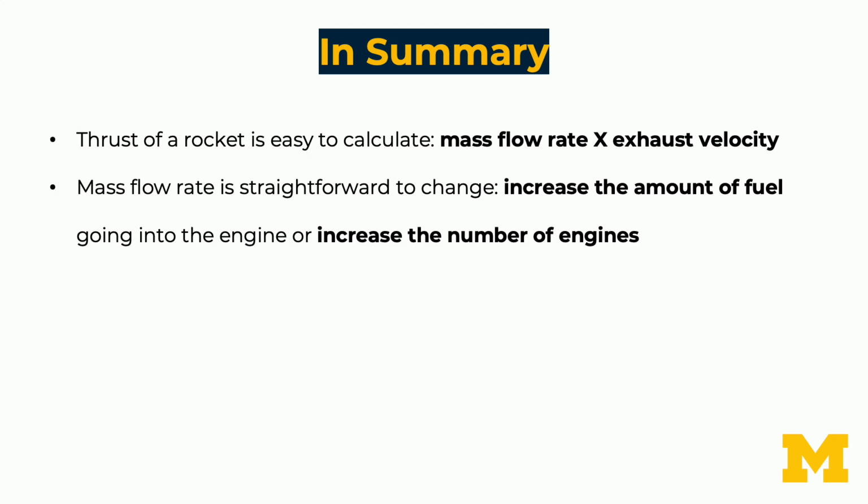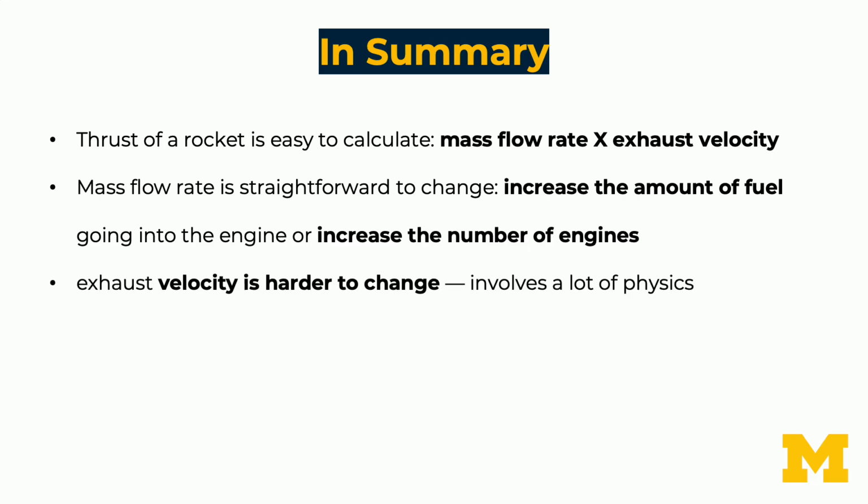So you just add more engines onto the rocket, and then that increases the thrust. The exhaust velocity is much harder to change, and that involves a lot of physics and a lot of chemistry, and that's where the rocket science actually comes in.